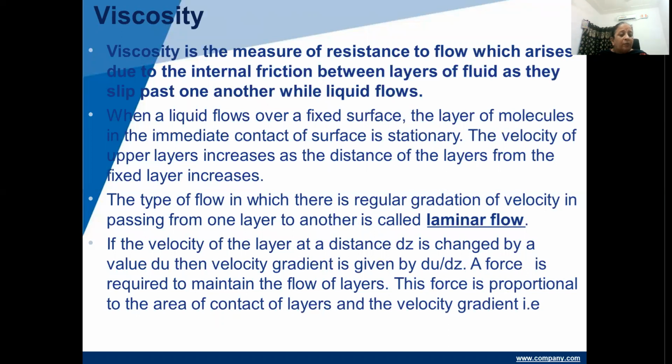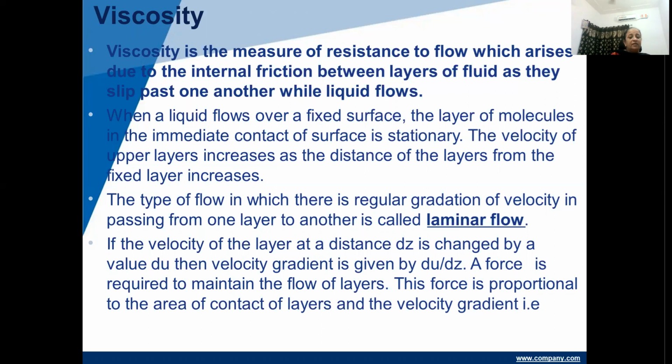The velocity of upper layers increases as the distance of layers from the fixed layer increases. The type of flow in which there is a regular gradation of velocity in passing from one layer to another is called laminar flow. If the velocity of the layer at a distance dz is changed by a value du, then the velocity gradient is given by du by dz.